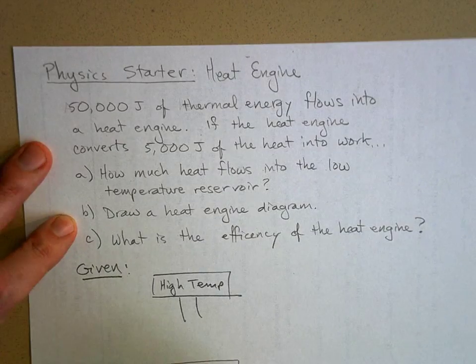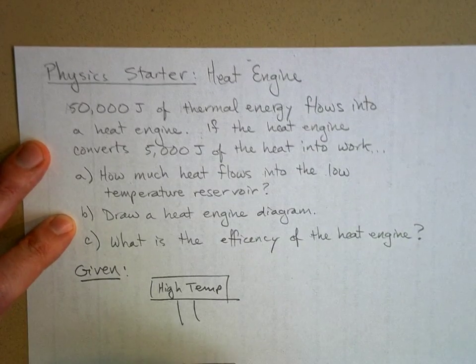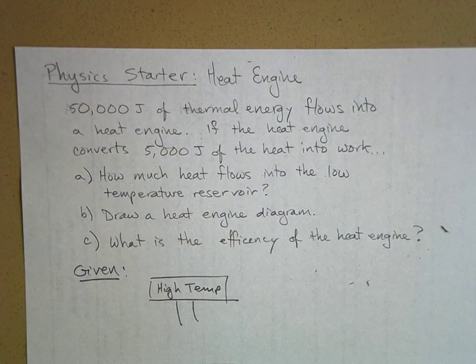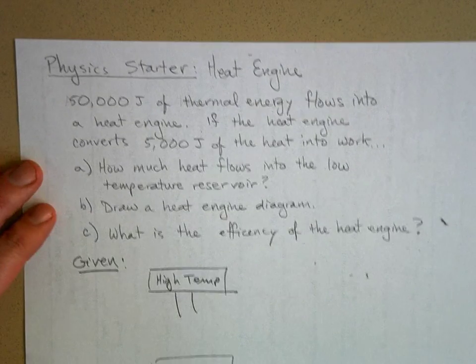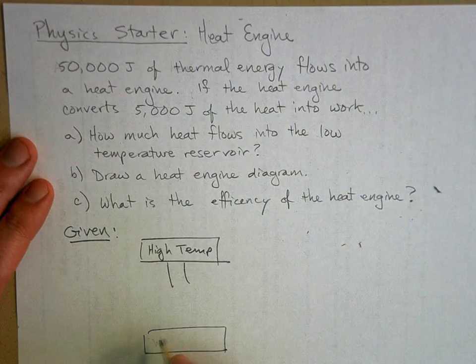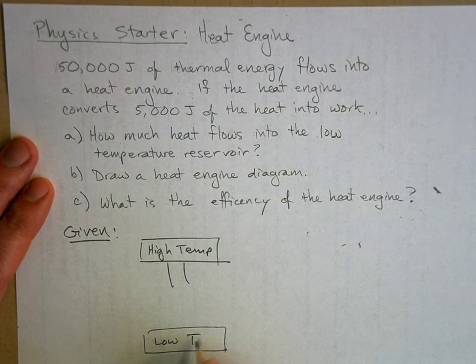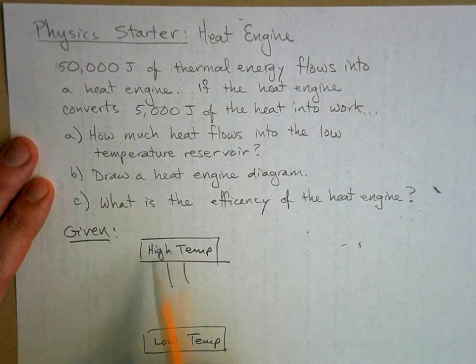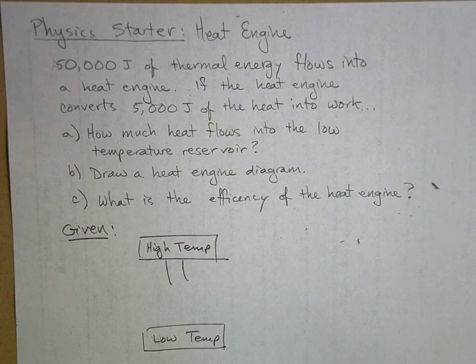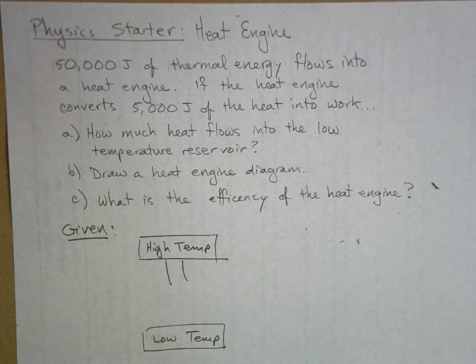Now, remember, this is a schematic, a diagram that has nothing to do with what a heat engine actually looks like, okay? It's just representing, like the high temperature in an old-fashioned steam engine, it could be the boiler. You're throwing coal into this thing and it's burning, getting really hot, and that heat is transferred in the boiler.